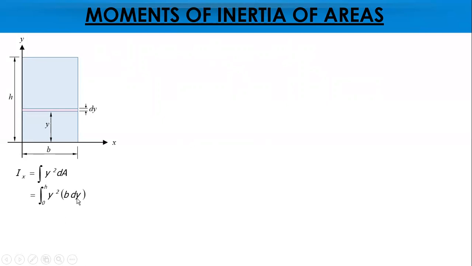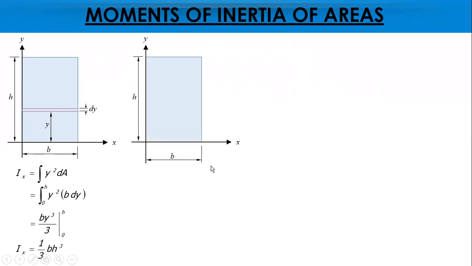The limit of y is from 0 to h. b is constant, so if you integrate, you have this. And you substitute. This is the moment of inertia with respect to the x-axis, or sometimes we denote this as the moment of inertia of the base of the rectangle, 1/3 bh cubed.